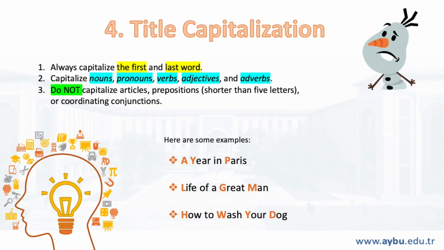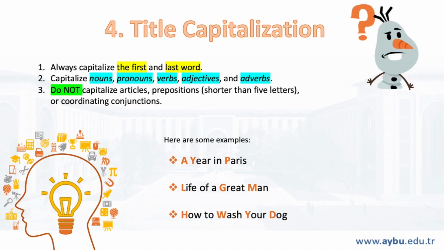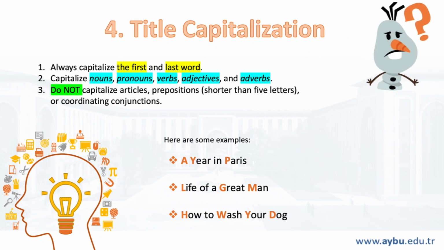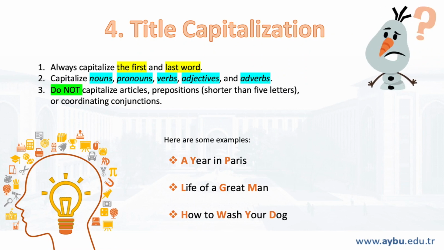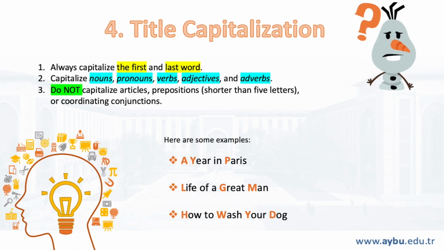A Year in Paris. As you can see, in, as a preposition, is not capitalized, but the first and the last words are capitalized. In the second one, Life of a Great Man, as you can see, the first and the last words are capitalized, but of and a, like prepositions and articles, aren't capitalized.